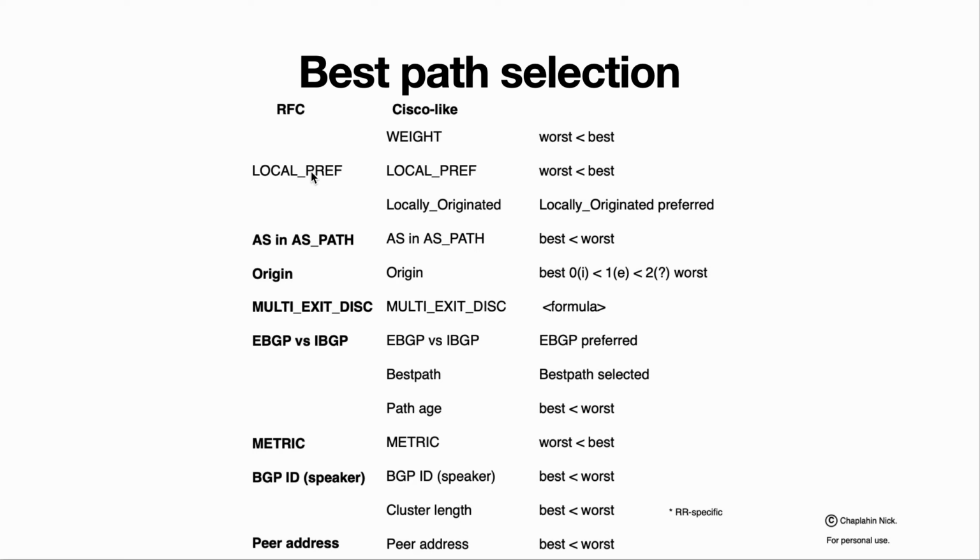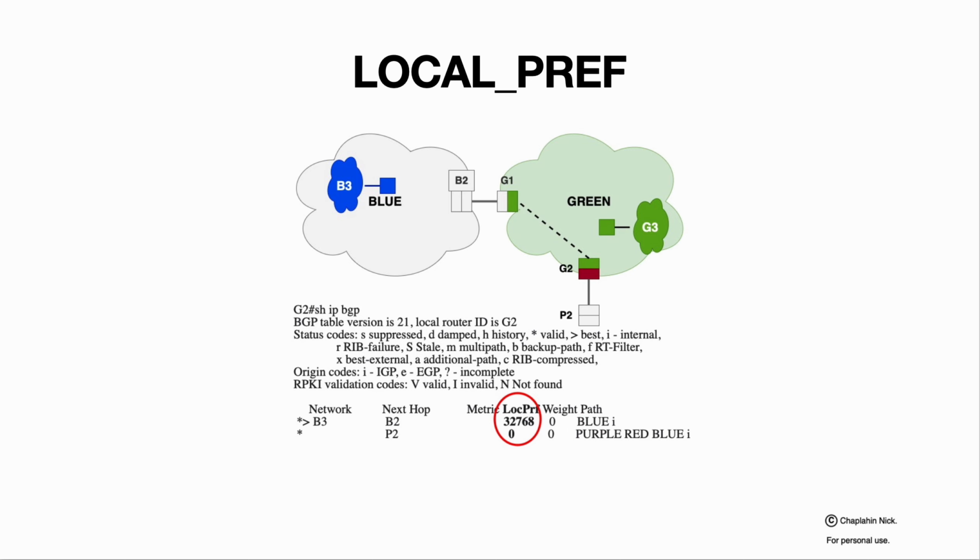Local preference per the RFC is used to select paths at all. Well, Cisco just does not split the procedure into stages and also uses local preference to select paths at all. Local preference is available in our table.